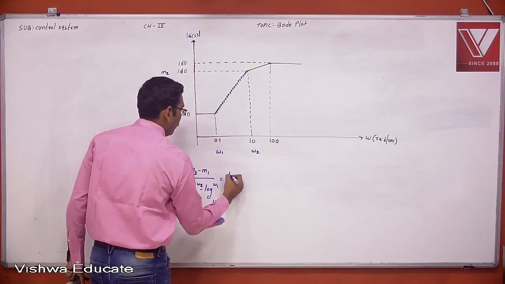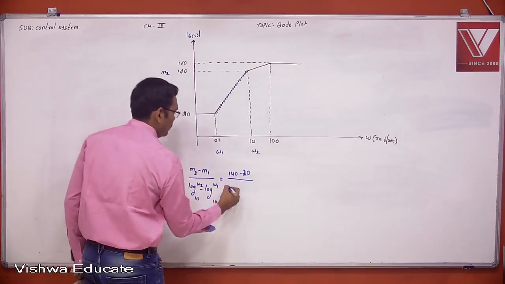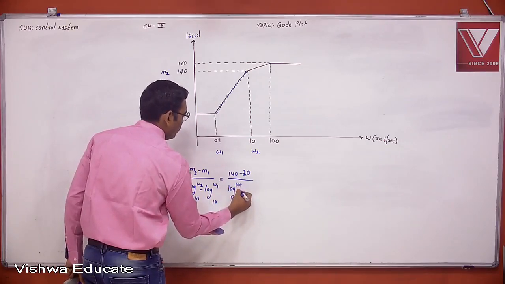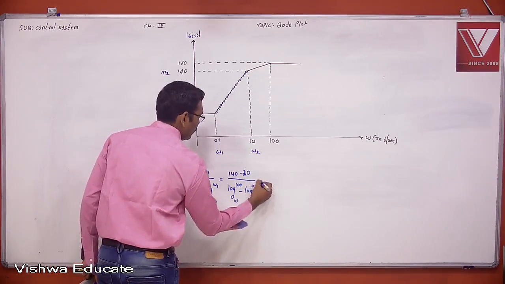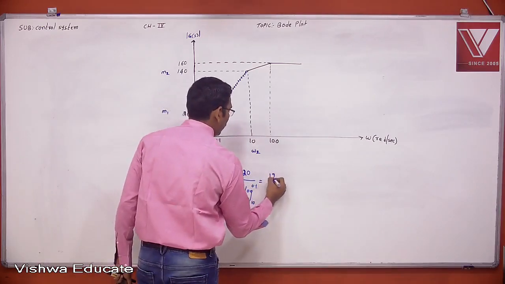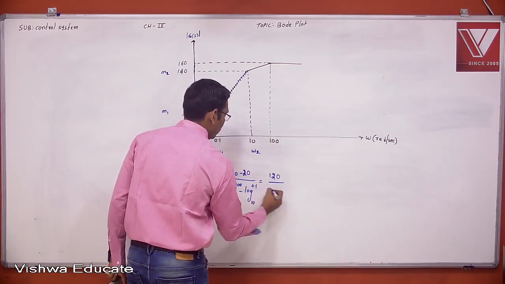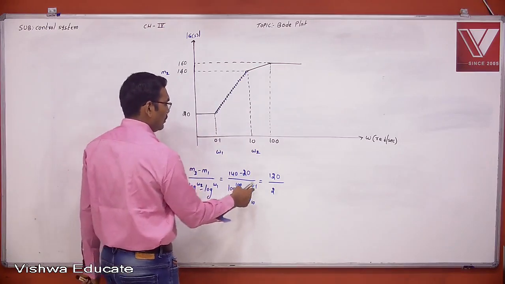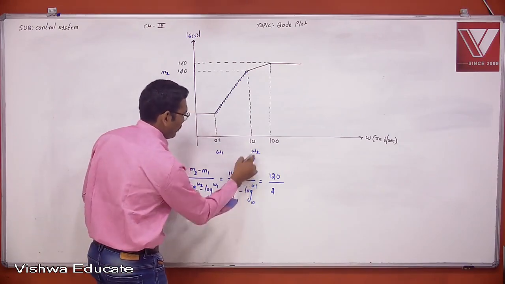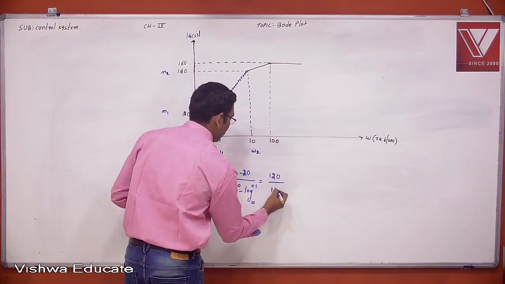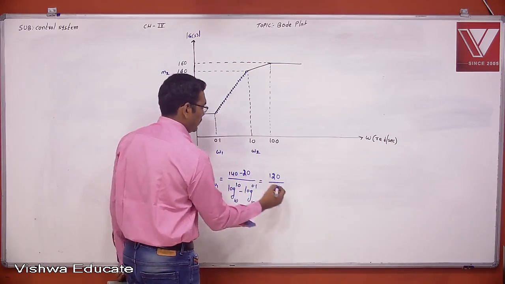Which is nothing but 140 minus 20 by log 100 minus log 0.1. 140 minus 20 is 120, and log 100 base 10 is 2, minus log 0.1, which is minus 1.